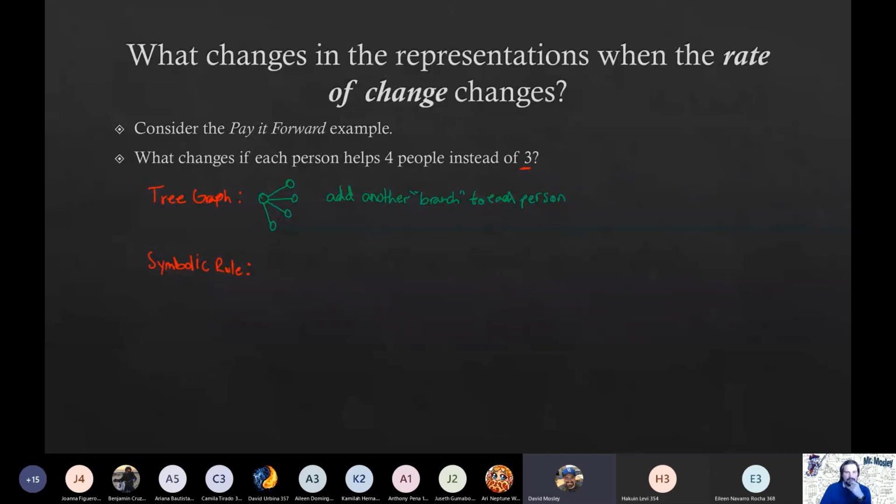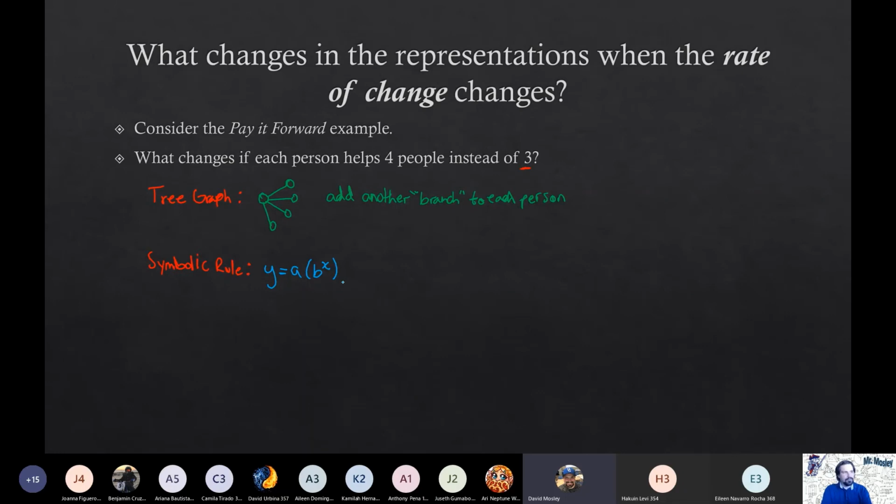Let's make it. So far in the rule, we have this form. Which number changes if the rate of change is changed?